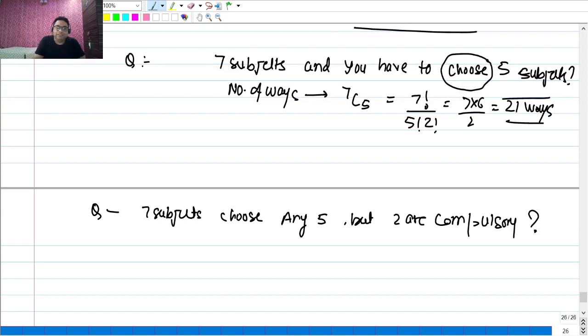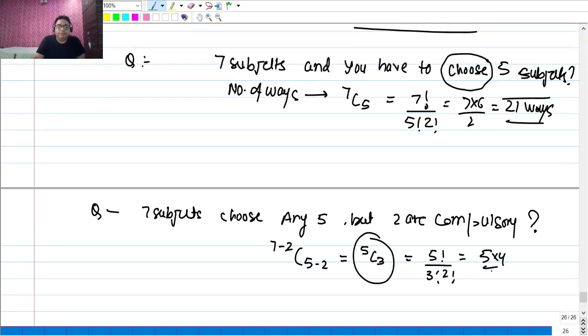In that case, if 2 are compulsory, it is 7 minus 2 C 5 minus 2, that is 5C3 ways. Absolutely right, because 2 of them are compulsory. It is 5 factorial upon 3 factorial 2 factorial, 5 into 4 by 2, now 10 ways only. Got it?